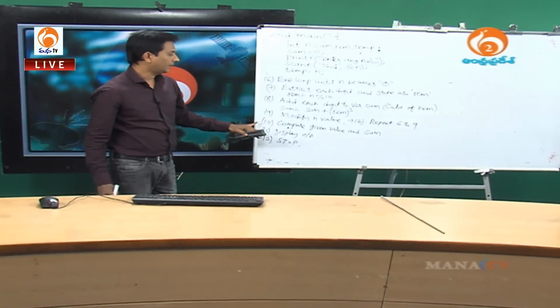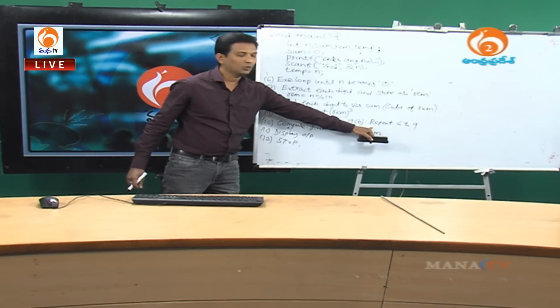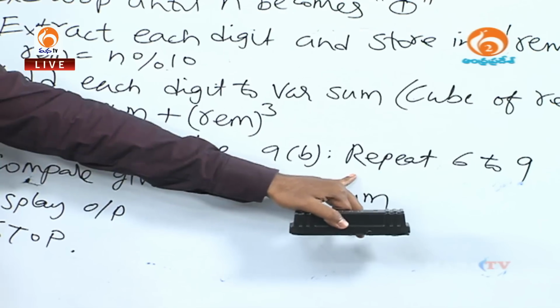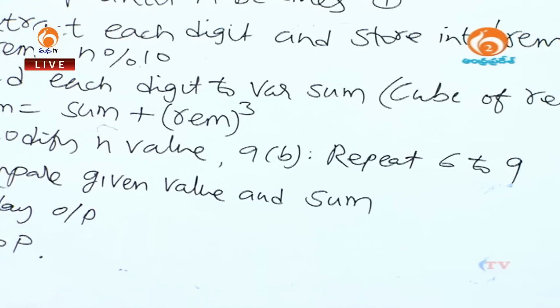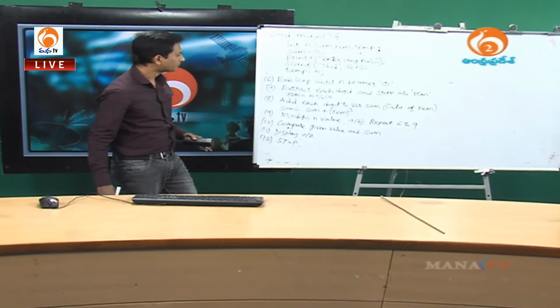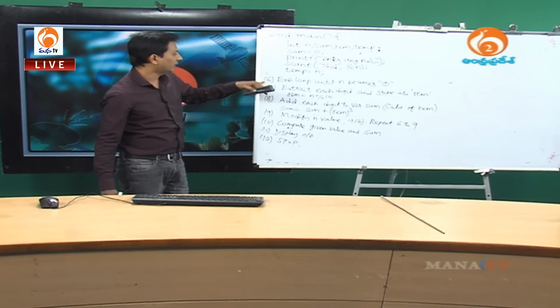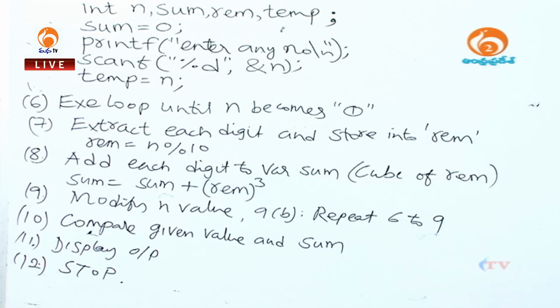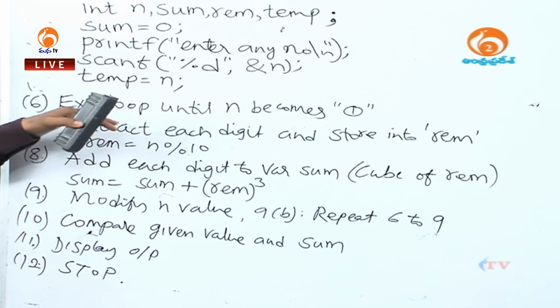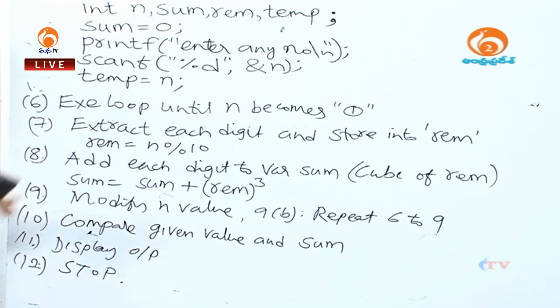Repeat 6 to 9 means it is the end of the loop; once the control comes here, it goes back again. That is the meaning of this one. Next, step 6, execute loop until n becomes 0.